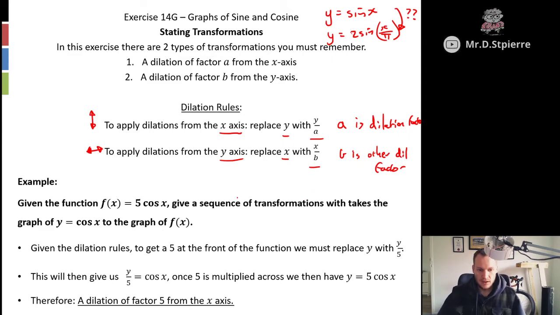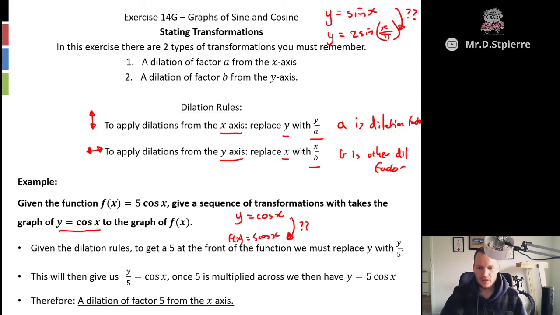Okay. So an example, say we have f of x equals 5 cos of x. Give the sequence of transformations which takes the graph of y equals cos of x to the graph of f of x. So this question's worded a little bit complex, but it's effectively saying, if we have y equals cos of x, what do I have to do to get f of x equals 5 cos of x?